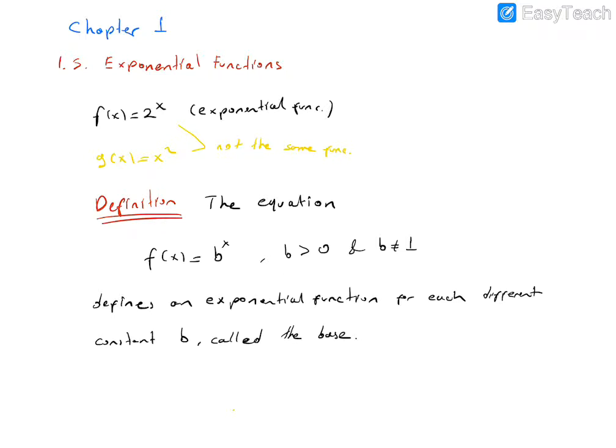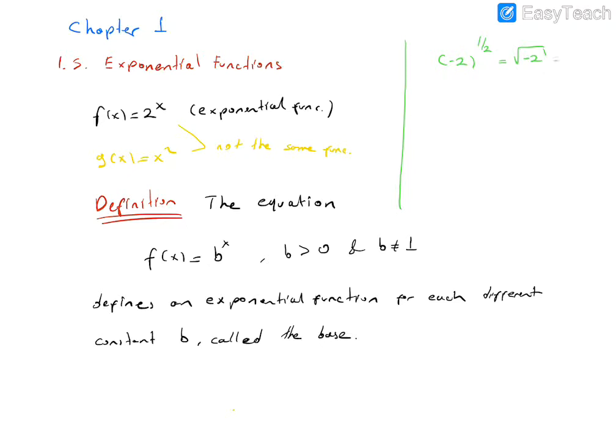Actually, why do we need the positive b? We require the base b to be positive to avoid imaginary numbers, such as, let's write here, if b is minus 2, then minus 2 to the power 1 over 2, for example, is the square root of minus 2.